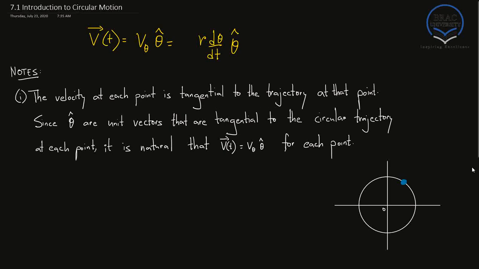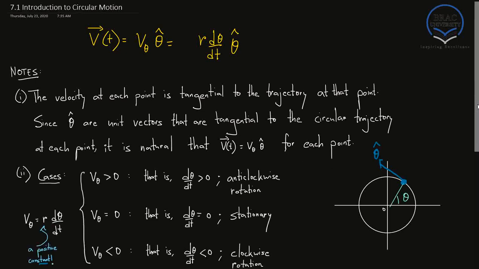For example, if we have a circular motion here, and at this point we've shown the theta hat is a vector that looks like this, you would expect the velocity vector at this point to be parallel to this theta hat, right? So this result that we got, where v t equals v theta theta hat, is what we should expect for velocity.